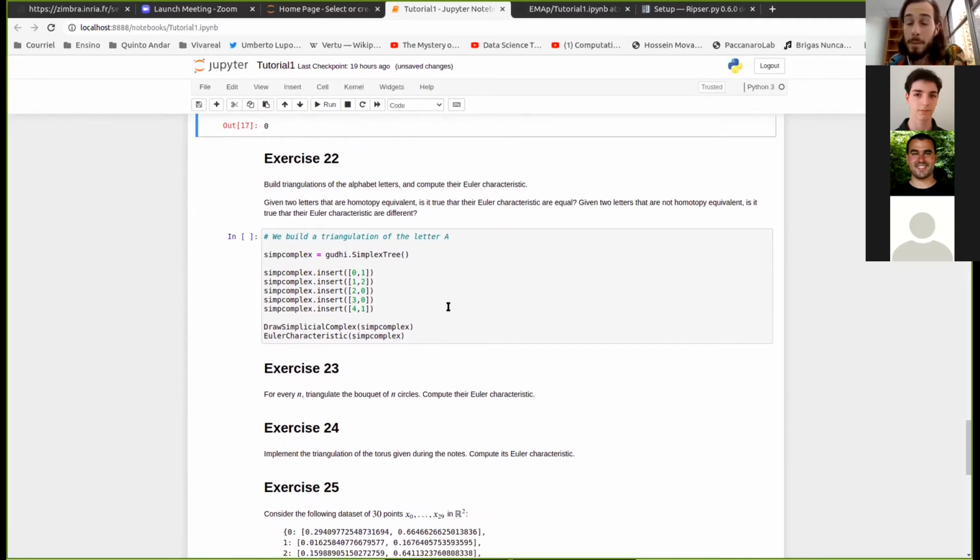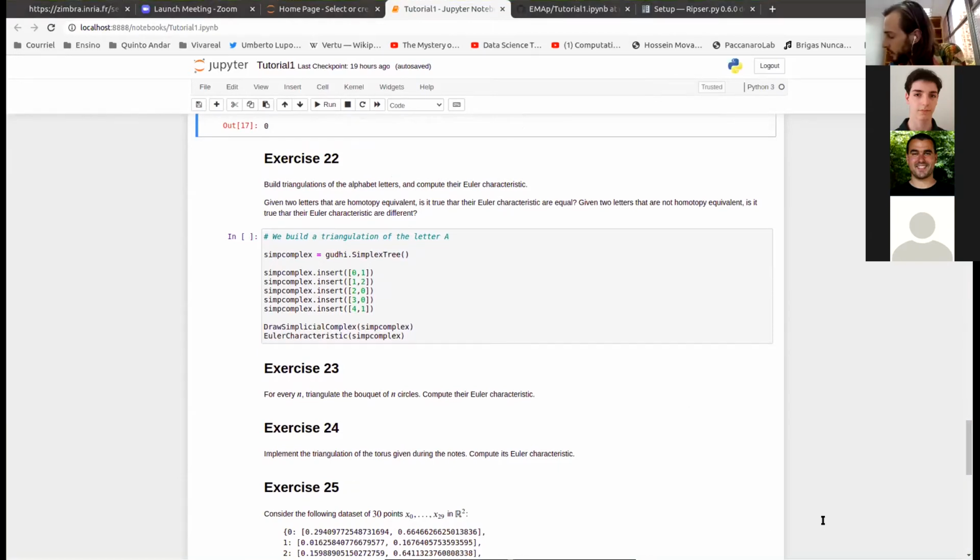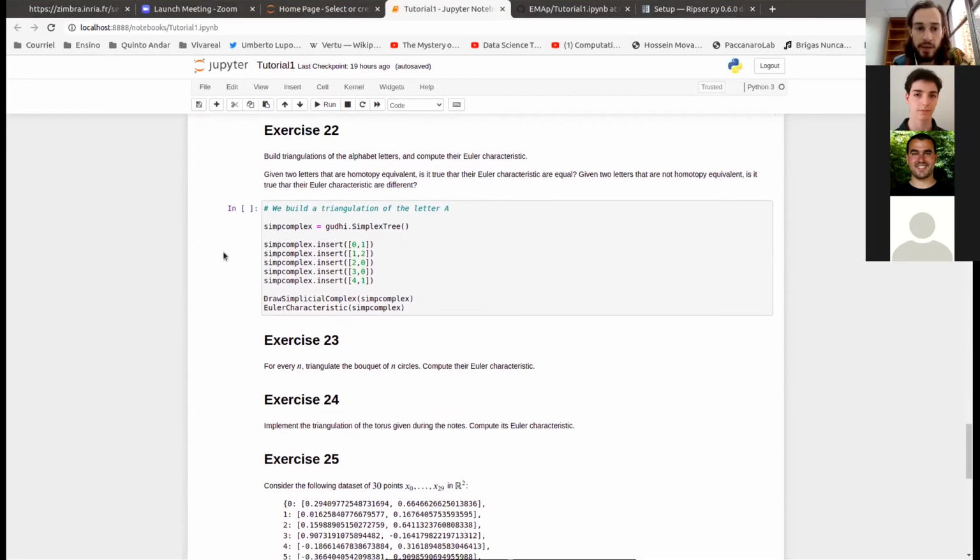Please build triangulations of the letters of the alphabet, at least from A to H. A, B, C, D, E, F, G, H. I give you an example here. And then I want you to compute their Euler characteristics. Okay.